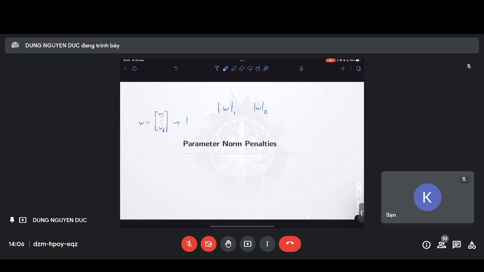Then the L1 norm will be the sum over the absolute value of wi, given i from 1 to D. And if you are going to calculate the L2 norm, it's going to be the sum over wi squared, and that's it.